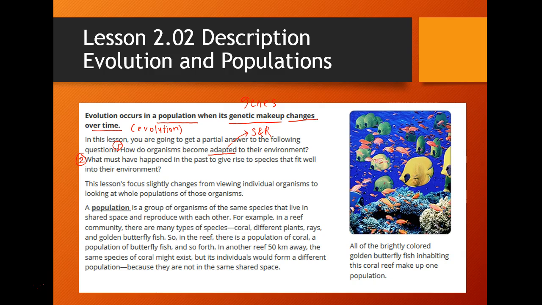So we're going to look at possible things that might have happened in order for organisms to actually be adapted to their environment. But before we start all that, it's important for you to know a good definition for population. So a population is a group of organisms of the same species that live in a shared space and reproduce with one another. Okay, so there are three different criteria, right?